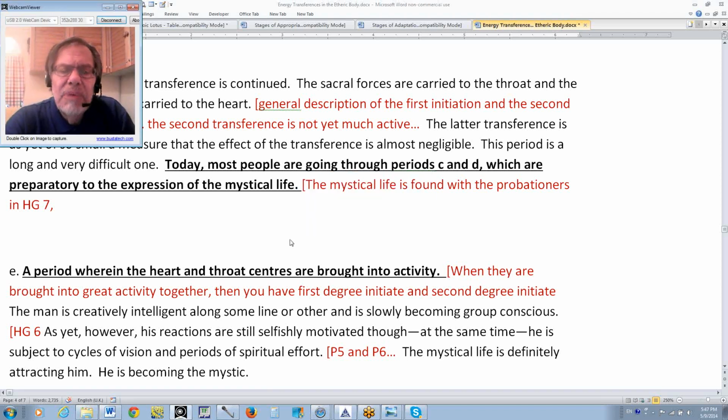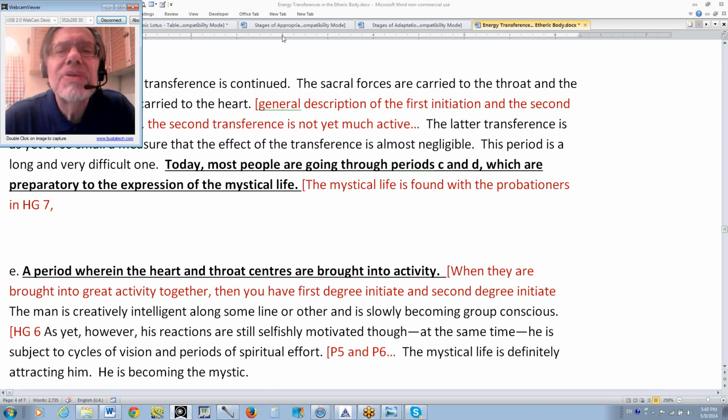So we're only looking at generalities here. We're looking at how people unfold according to their ray, and we're looking at the general conditions of unfoldment. The man is creatively intelligent along some line or other, so that's human group number 6. His reactions are still selfishly motivated. He's not yet really at the selfless stage of adaptation.